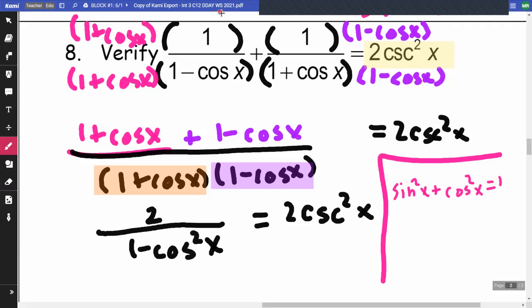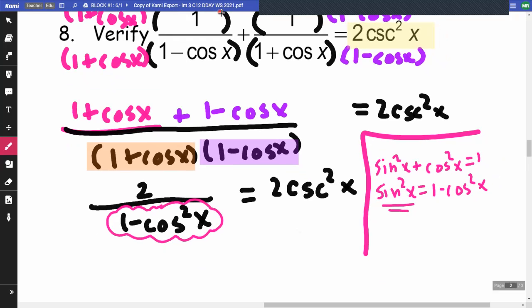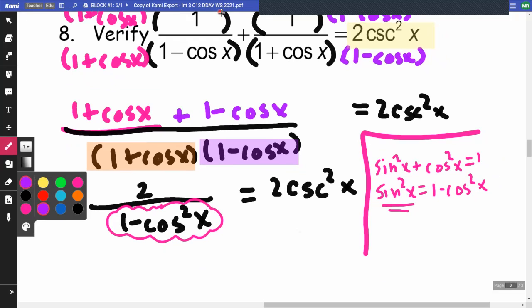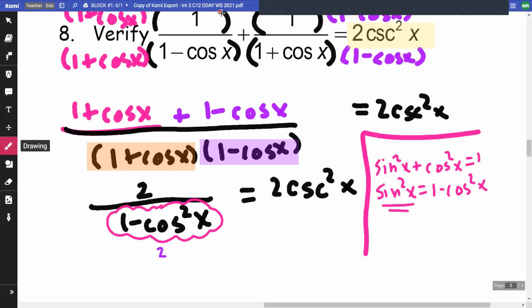So if I was to subtract my cosine squared x, you see I'm going to get a sine squared x. So this right here is just sine squared x. So I am going to have 2 over sine squared x equals 2 cosecant squared x.